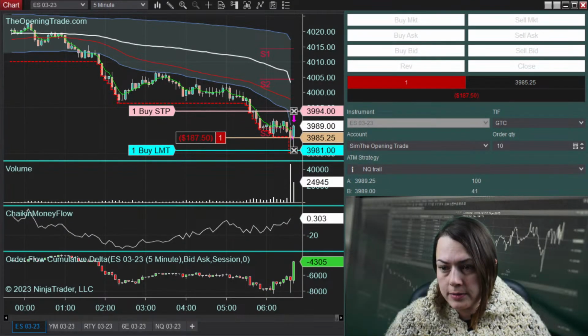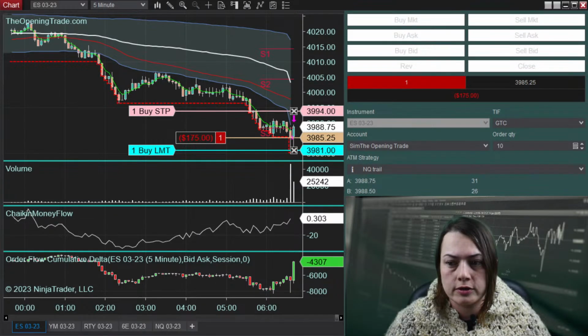So it's in an automated trade right there.